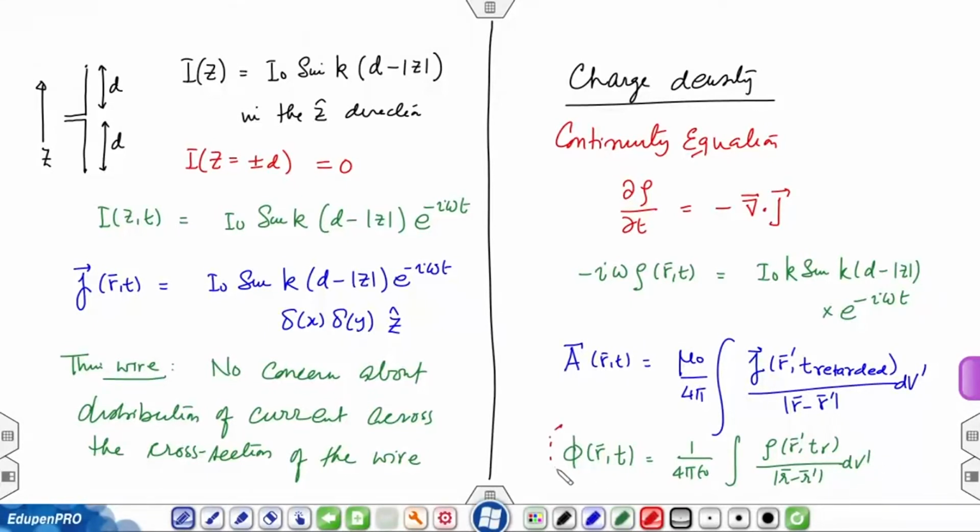This latter part I am going to leave for you to complete as an assignment problem. I will just do the first part so that you know how to go about doing this calculation.